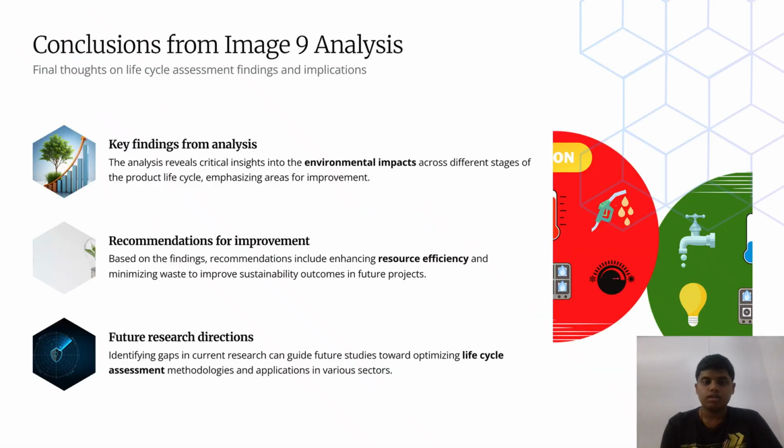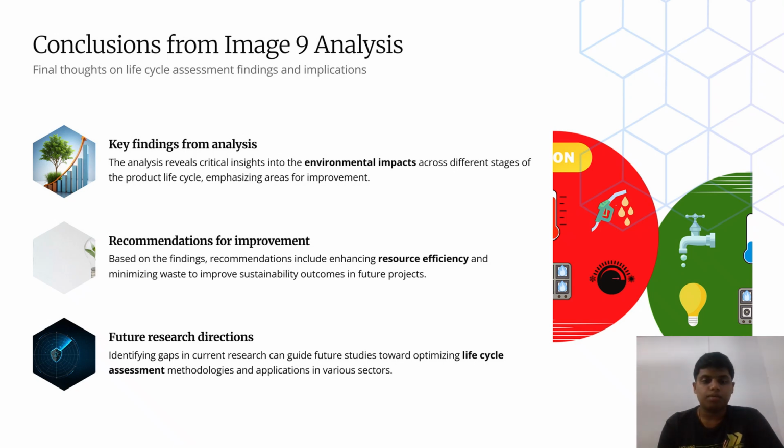The next one, and the final one, is about the conclusions of LCA. Let's find out the three important things. Key findings from analysis: the analysis reveals critical insights into the environmental impacts across different stages of the product life cycle, emphasizing areas for improvement.